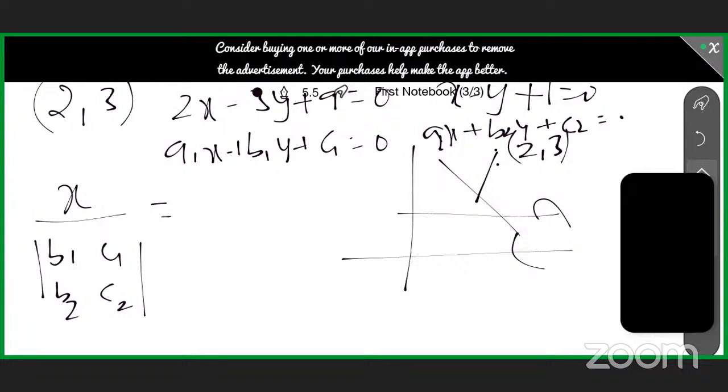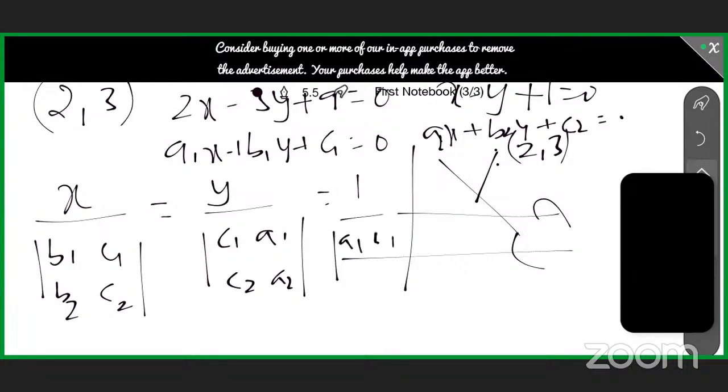To avoid that, we will go for this easier formula: x divided by the determinant of b1 c1, b2 c2, y divided by c1 a1, c2 a2 in cyclic configuration, equals 1 divided by a1 b1, a2 b2.